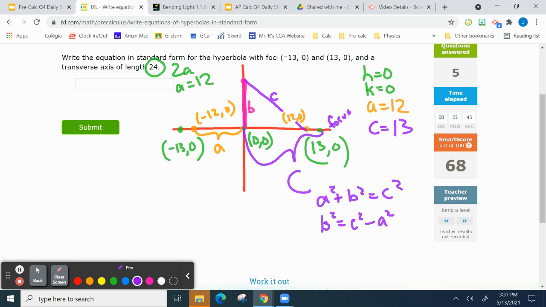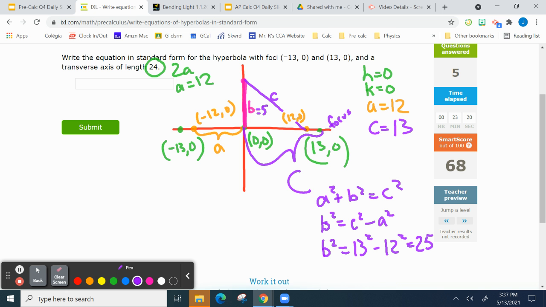And what we're actually looking for in the equation is B squared. So we don't even have to bother with the square root on this, do we? B squared equals 13 squared minus 12 squared. And for that, I will be getting my calculator. 13 squared minus 12 squared is 25. So B squared is 25, which means that B is 5.